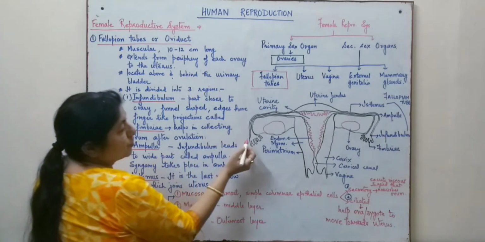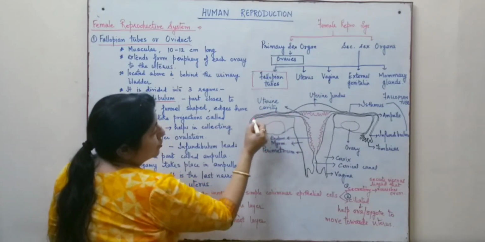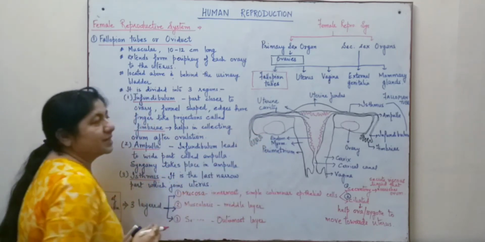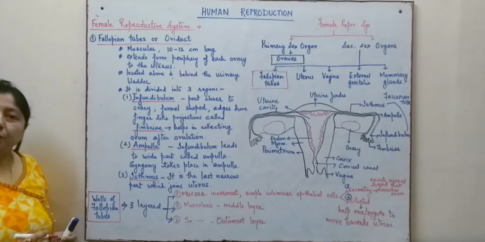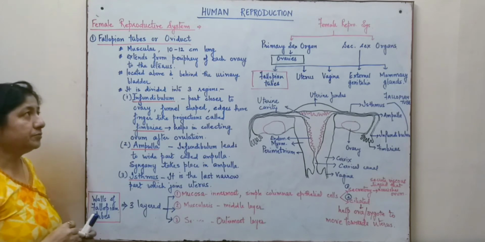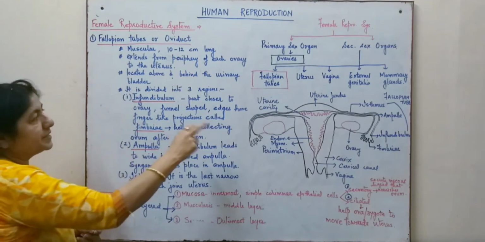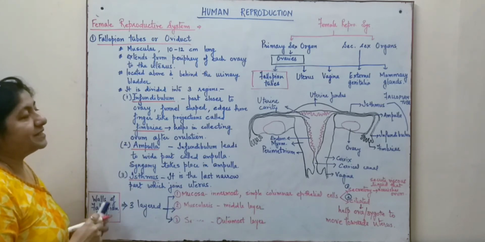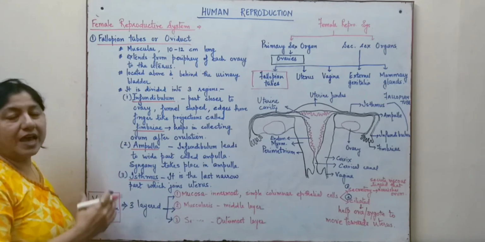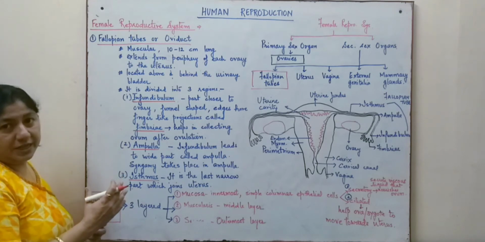This tubular structure extends from the uterus to the ovary and is known as the fallopian tube or the oviduct. It extends from the periphery of each ovary right up to the uterus, and it is located above and behind the urinary bladder.